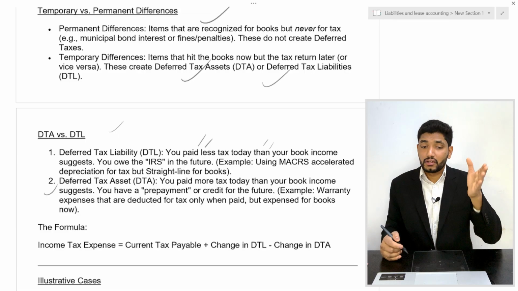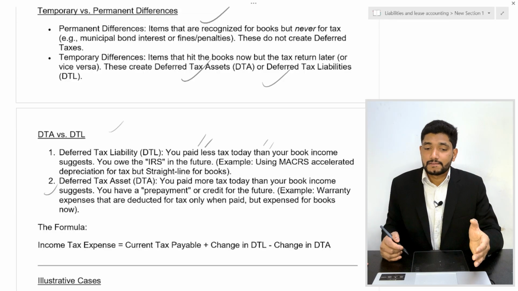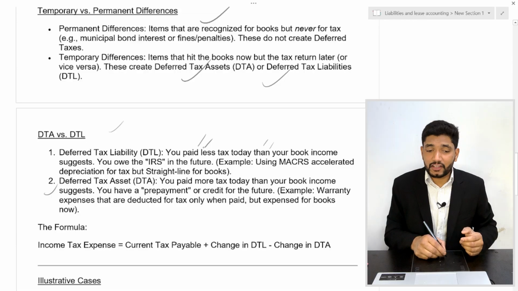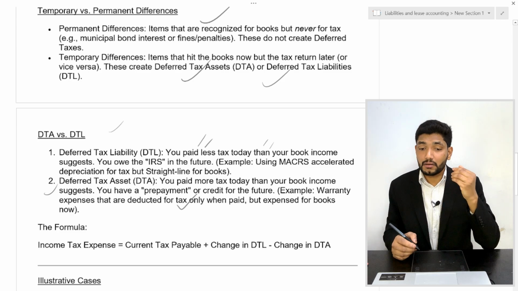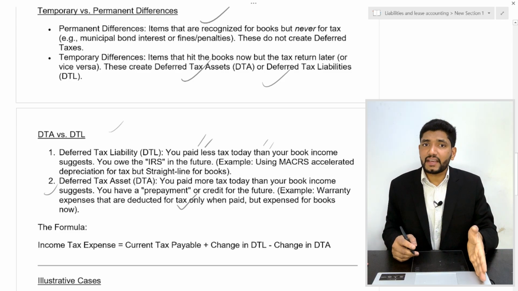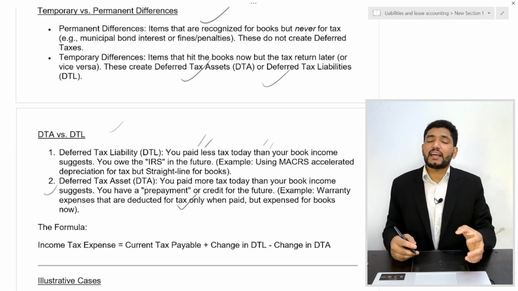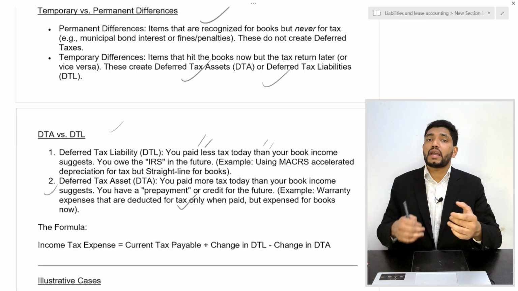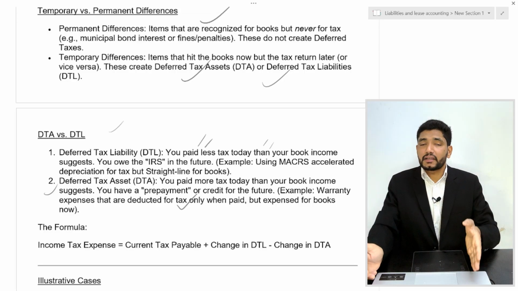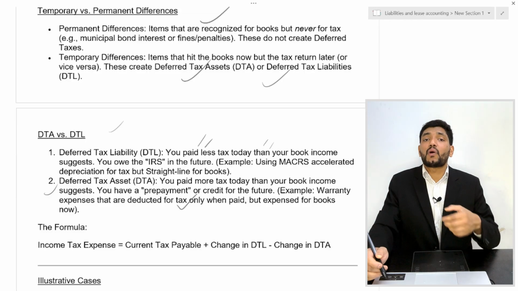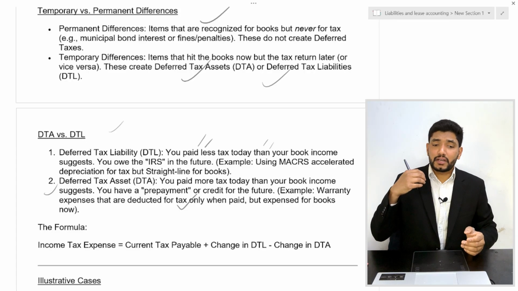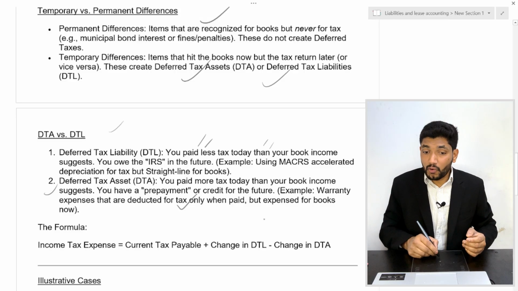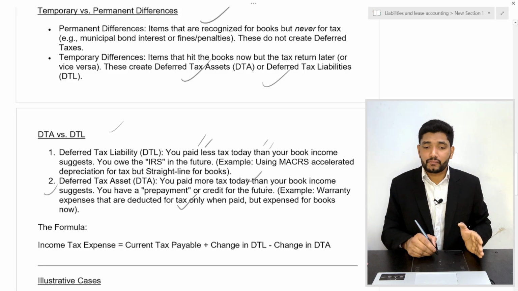That means the warranty expenses are deducted for tax only when paid, but expensed for the book now. So, in this case what will happen, you paid more taxes today than your book income.